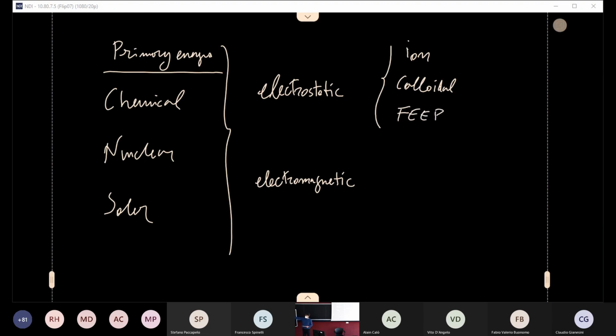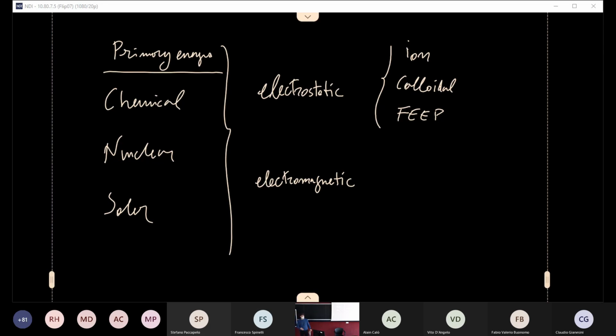All these kinds of devices are based on the fact that we apply an electric field on charged particles that are accelerated by this electric field. So for this reason, they are referred to as electrostatic thrusters.